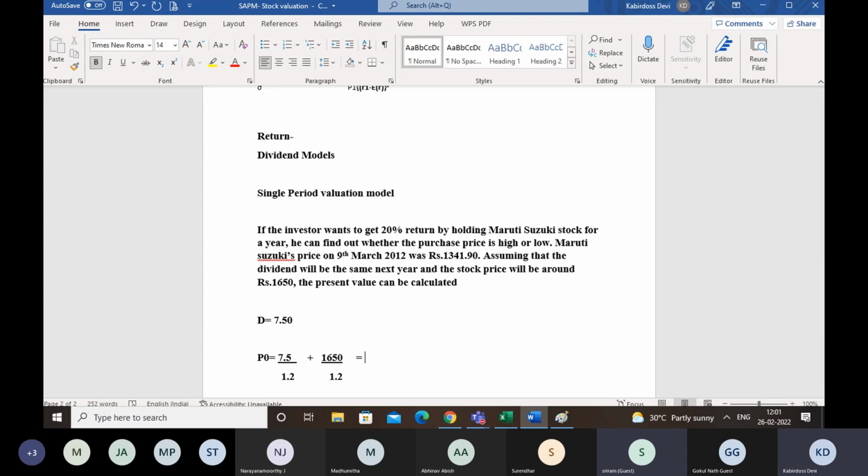What is 7.5 divided by 1.2? 6.25. Okay, 6.25 plus 1650 divided by 1.2, which is 1375. So what is the total? 1381.25. Yes, so this is the total.